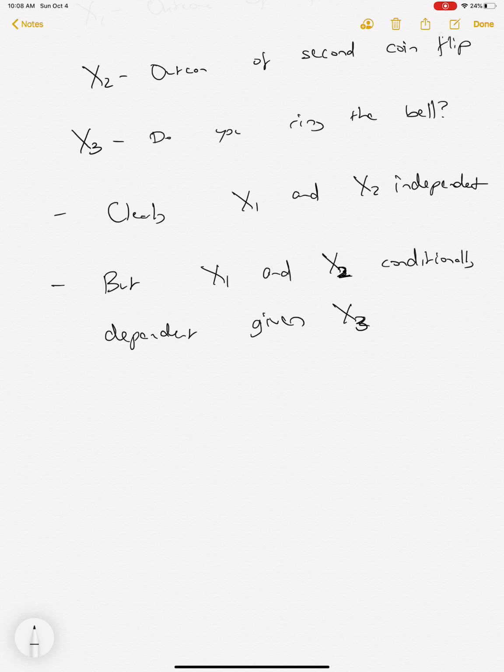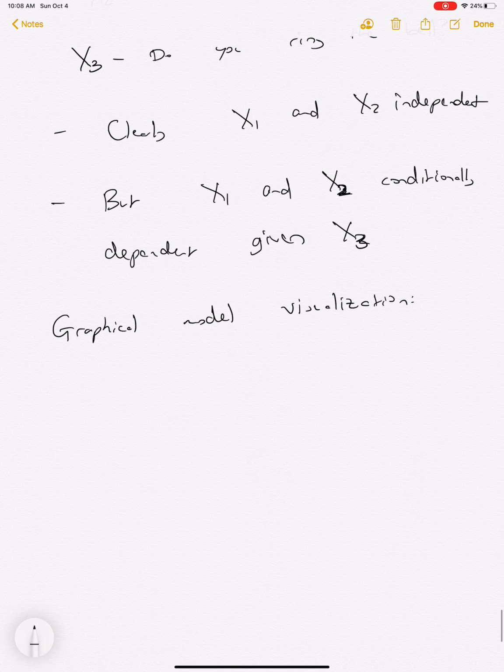Okay, and so here is the graphical model visualization for this. We have our X1, X2, and X3 again. There's nothing between X1 and X2 here either.